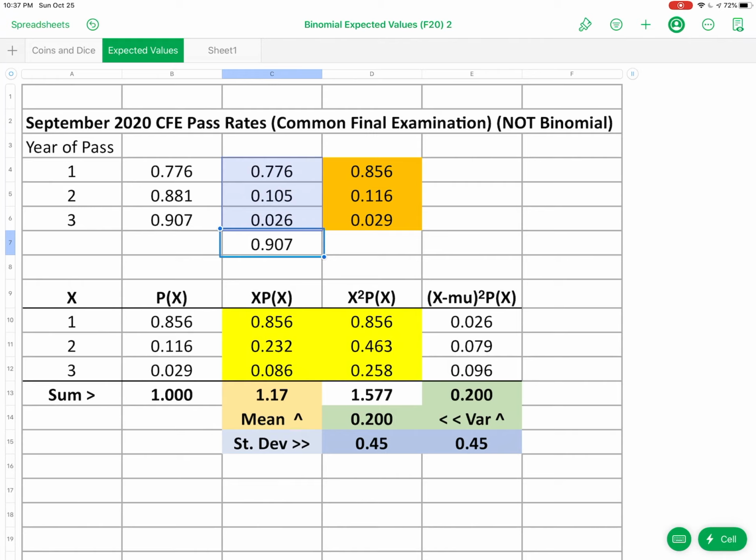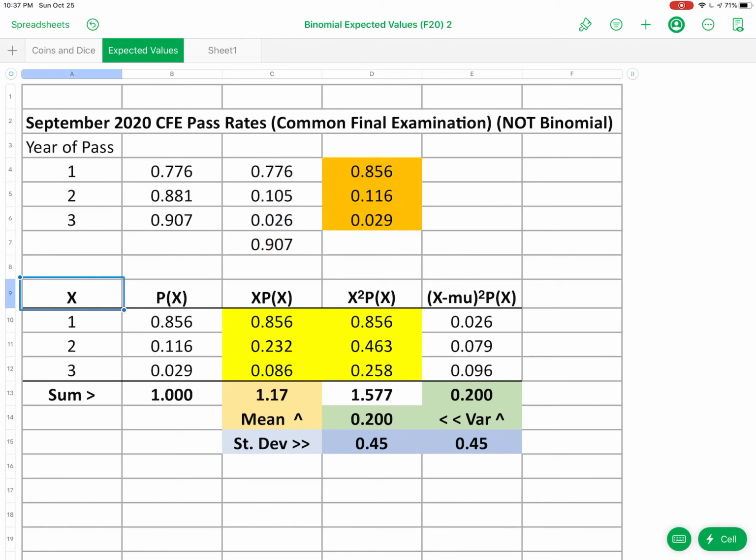But let's take a look at this last column, which is of those who passed. So what I'm doing is I'm going to take 0.776 and divide that by 0.907, and that means that of those who eventually get their CFE, about 86% get it in their first year, about 12% get it in their second year, and about 3% get it in their third year.